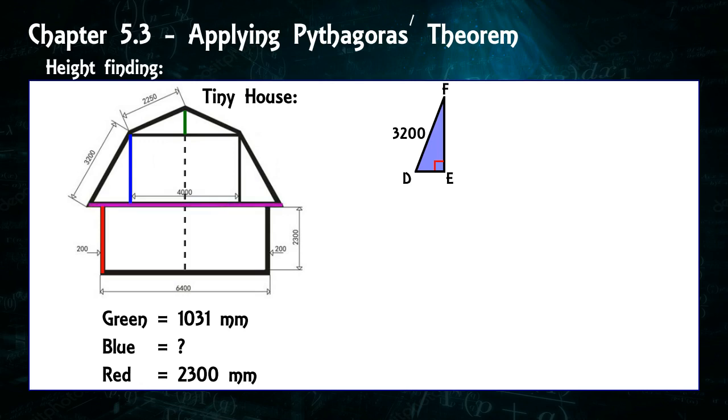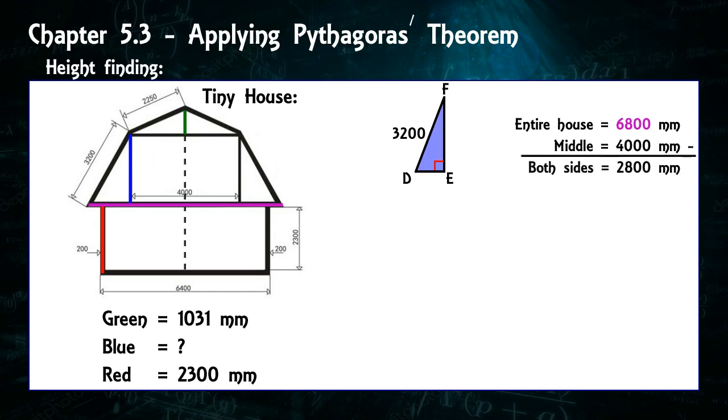We know that the roof extends 200 millimeters on both sides, meaning the house is 6800 millimeters wide. By subtracting the 4000 millimeters from the middle and then dividing it by 2, we calculated that side DE must be 1400 millimeters.